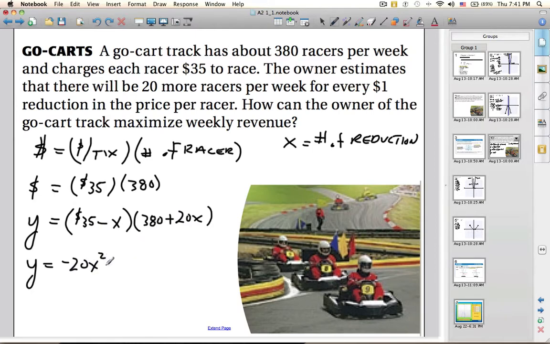Negative x times 380 is minus 380x. 35 times 20x, that's plus 700x. And then I have 35 times 380, 13,300.